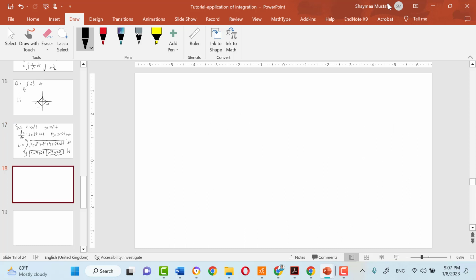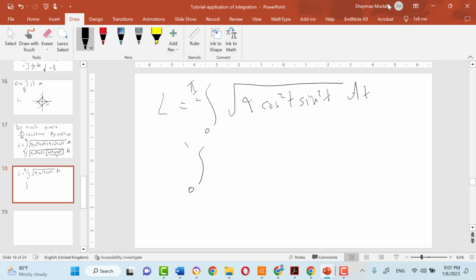So you have only the integration from 0 to pi over 2 of 9 sine squared t cosine squared t dt, which is an easy integration, 3 cosine t sine t dt. So you can continue evaluating this one.